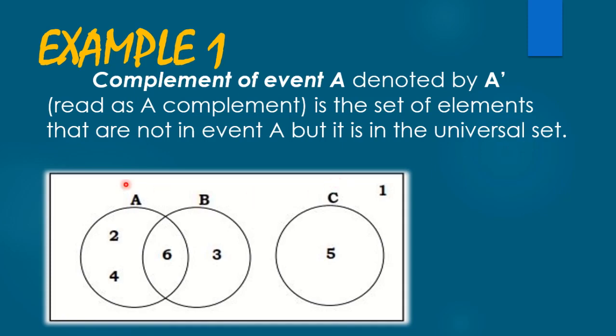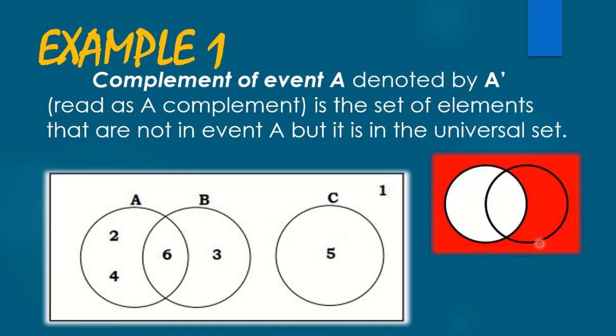So if we take the A complement in the given Venn diagram, here is our event A, we find all the elements that are not found in event A but are still part of the universal set. This is an illustration of the complement of event A. So from here, we can say that A complement is equal to 1, 3, and 5.